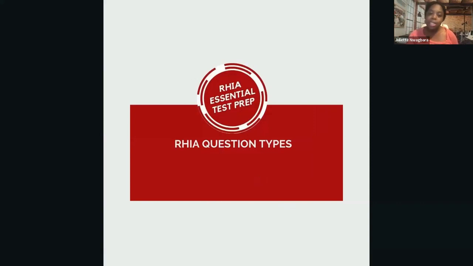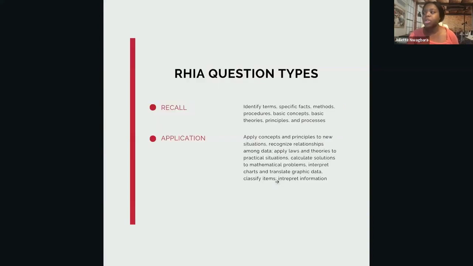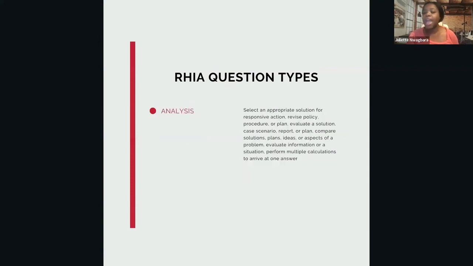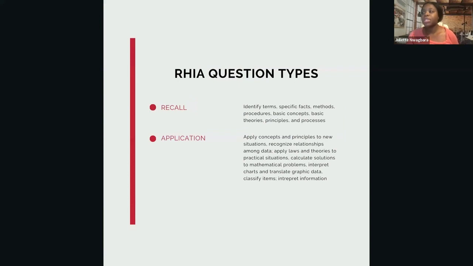So if you've never taken the exam ever before, let's go ahead and talk about the question types on the exam. So there are 3 question types. They have something called recall questions, they have application questions, and they have analysis questions. Now, the differences between the three, let's go ahead and talk about that.